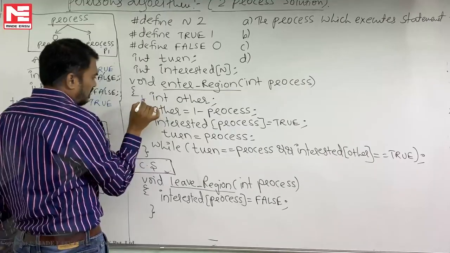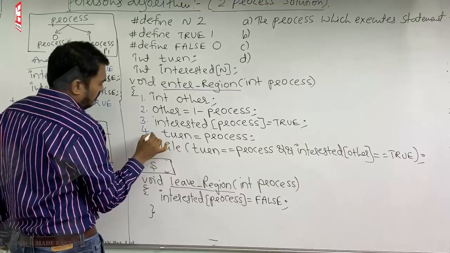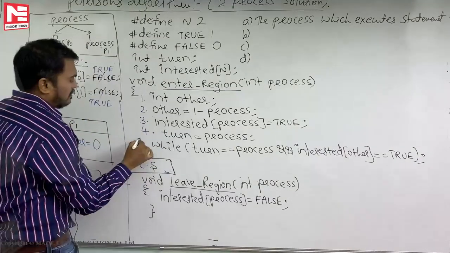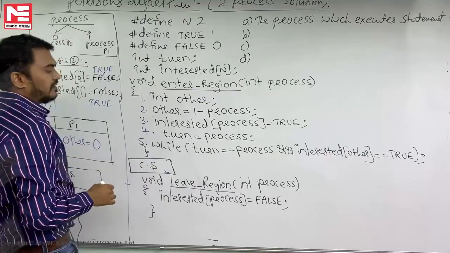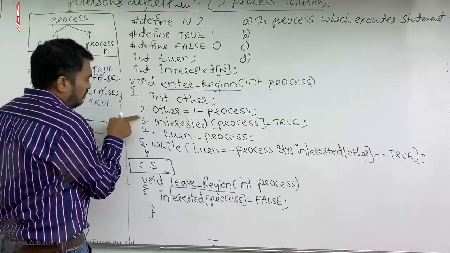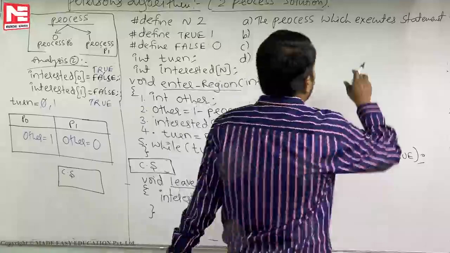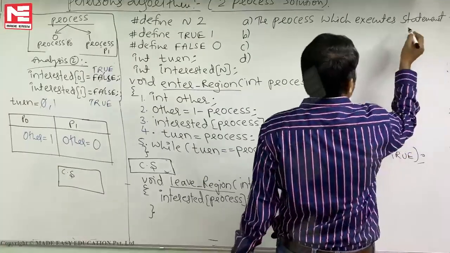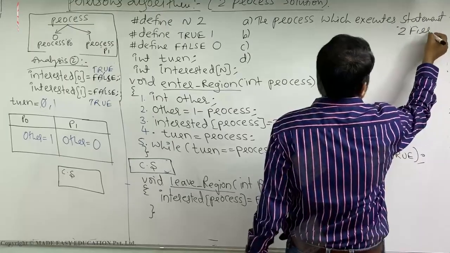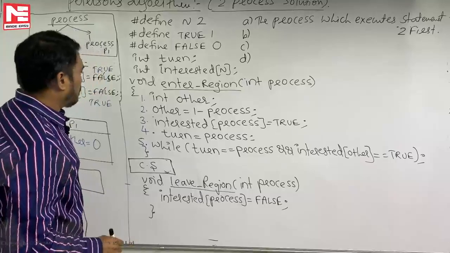This is the first statement, second statement, third statement, fourth statement, and this is the fifth statement. Give the numbering, write 1 2 3 4 5 in your notes. Now, option A: the process which executes statement 2 first.